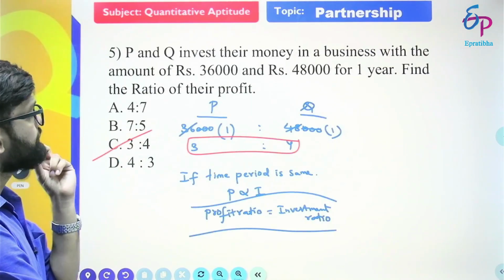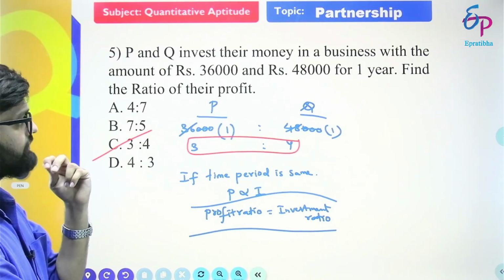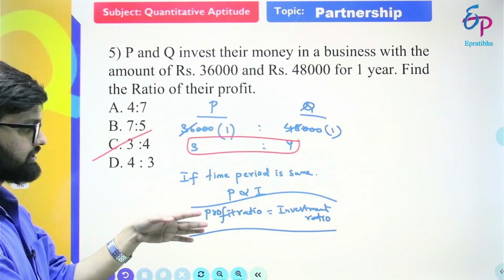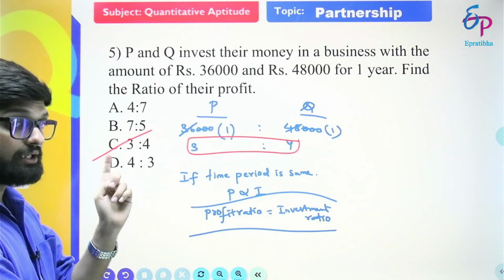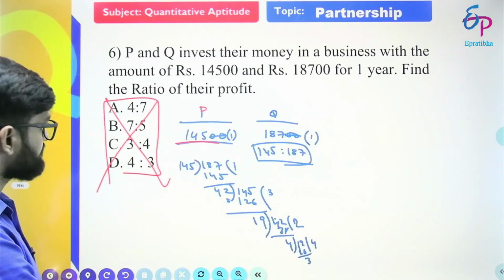Okay. Next. P and Q invest their money in the business with the amount of 36,000, 48,000 for 1 year. Find the ratio of their profits. Profit ratio is equal to investment ratio when time period is same. So for 1 year, they have told you this is 3:4. Very easy question.